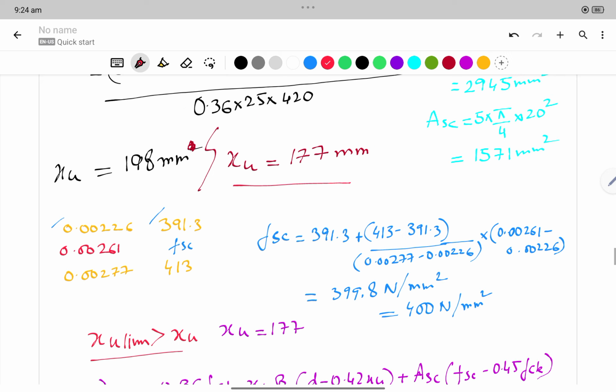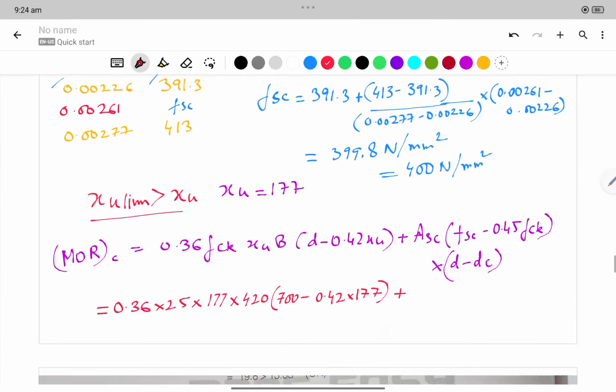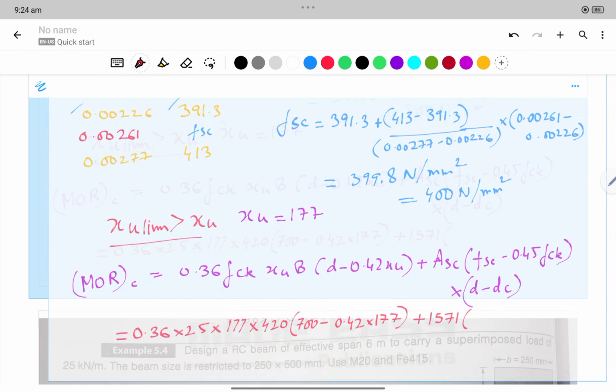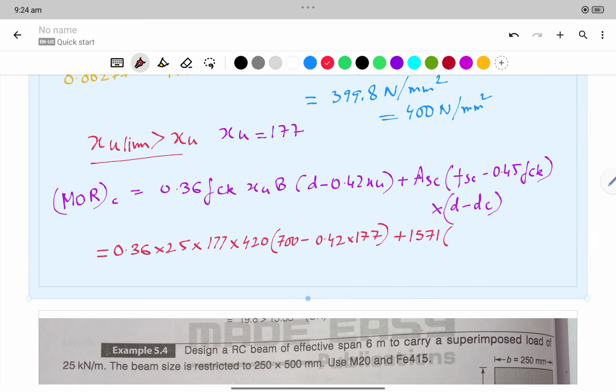We have calculated here, ASC is 1571, bracket FSC. So FSC, you see, FSC is 400, minus 0.45, FCK is 25.